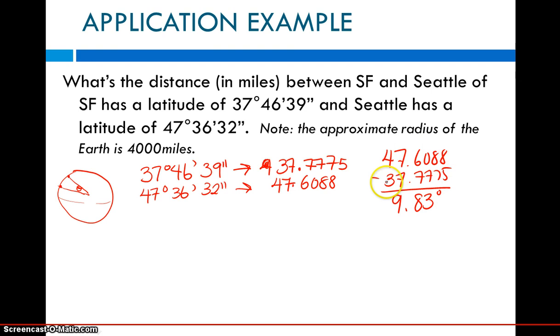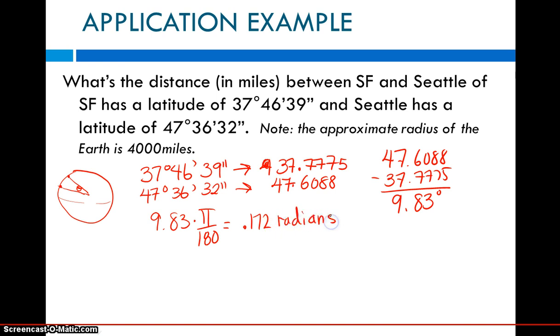So I subtracted them and rounded it. But the key thing here is our angle is still in degrees, so we still need to convert it into radians to get the arc length. So 9.83 times pi over 180. And then when we convert that into radians, we get 0.172 radians.